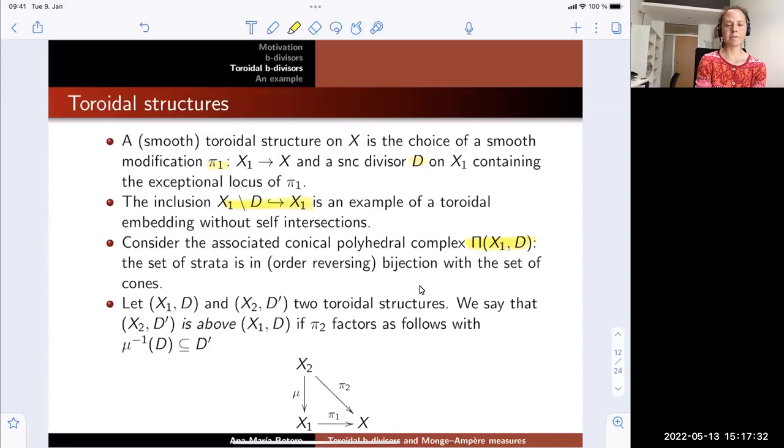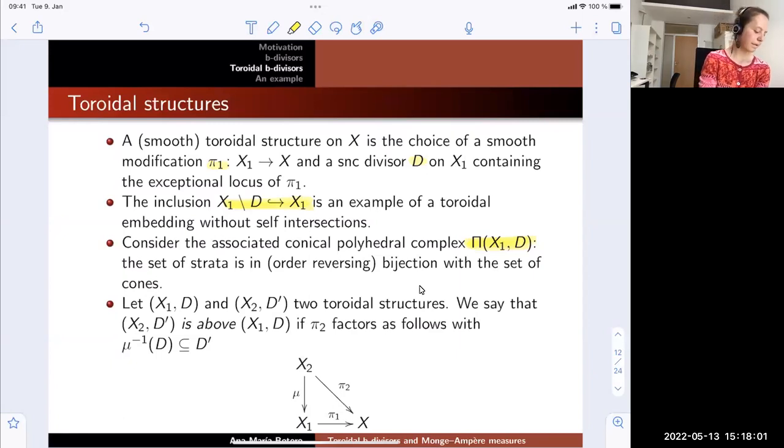And this space, this toroidal embedding, is going to be stratified, and the strata are in order-reversing bijection with the set of cones. Examples thereof are typically the toric varieties. But then you can consider several toroidal structures on an algebraic variety by any choice of a simple normal crossings divisor. So we want a notion that compares two toroidal structures.